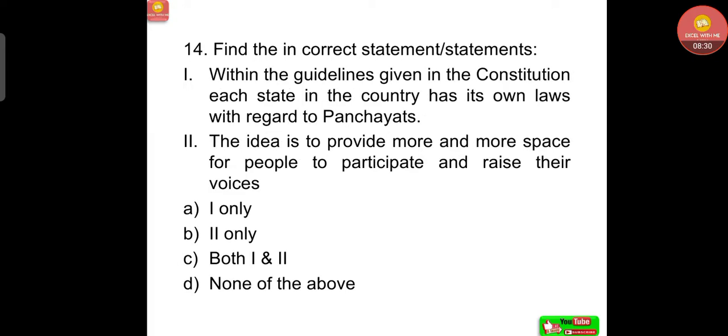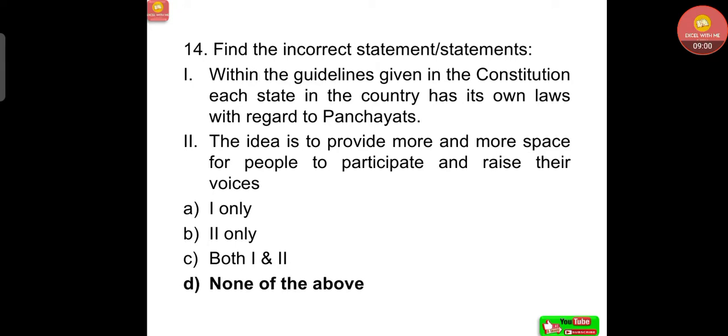Question 14. Find the incorrect statement or statements here. First one, within the guidelines given in the Constitution, each state in the country has its own laws with regard to Panchayats. Second, the idea is to provide more and more space for people to participate and raise their voices. Option A, 1 only incorrect, option B, 2 only, option C, both 1 and 2 are incorrect, option D, none of the above.